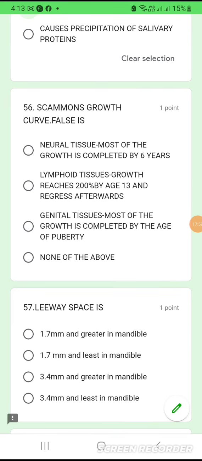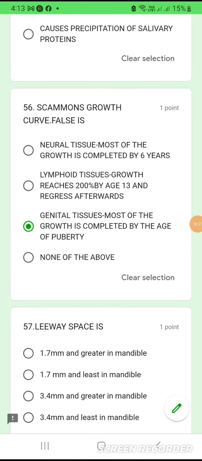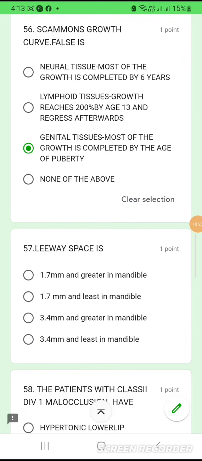56. Scammon's growth curve. What is false about this? First one, neural tissue, most of the growth is completed by 6 years. That's correct. Lymphoid tissue growth reaches 200% by age 13 and then it regresses afterwards. That is also correct. Genital tissue, most of the growth is completed by the age of puberty. That is wrong. Genital growth doesn't complete by the age of puberty.